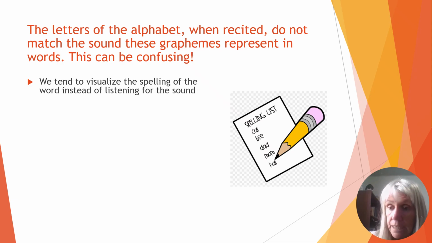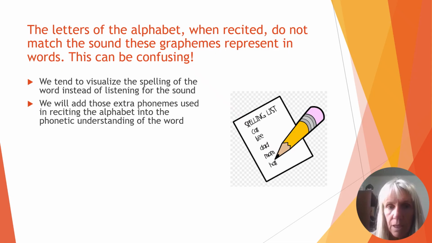If we're more phonics oriented or more grapheme oriented or more sight recognition oriented, we will be trying to visualize the spelling of the word instead of listening for the sounds, and that visualization can get in the way of us actually hearing these phonemes and mastering phonemic and phonological awareness. We may add those extra phonemes used in reciting the alphabet into the phonetic understanding of the word. So when I see a D, I might want to say "dee," right, in dad.